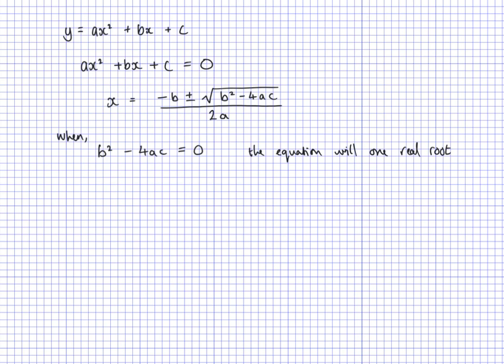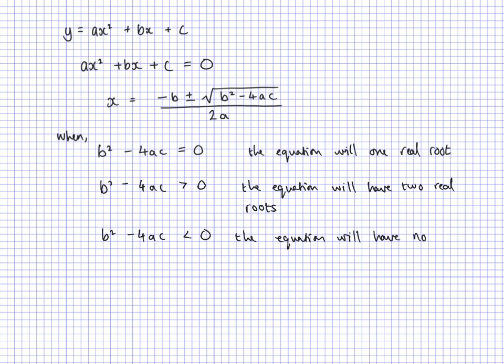When b squared minus 4ac is more than 0, the equation will have two real roots, and when b squared minus 4ac is less than 0, the equation will have no real roots.